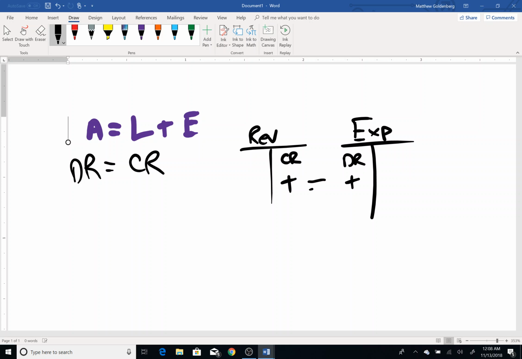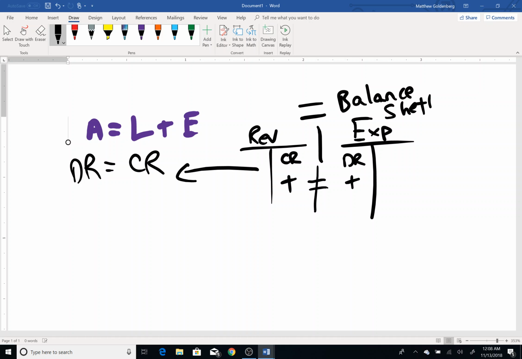These match, but they're not always equal. But because of how it's organized, you can see this at play. They do equal when you take into account the balance sheet.